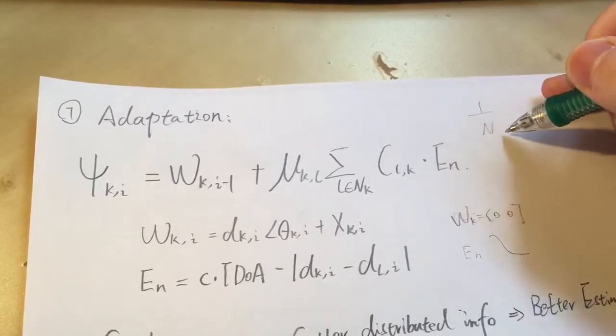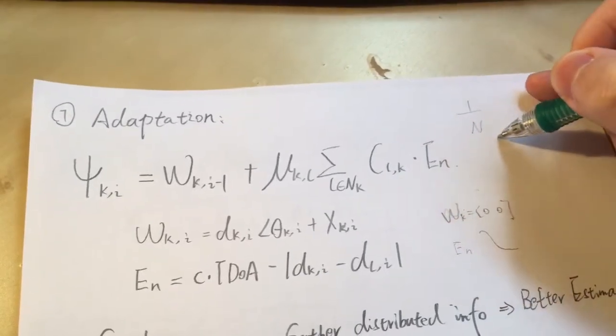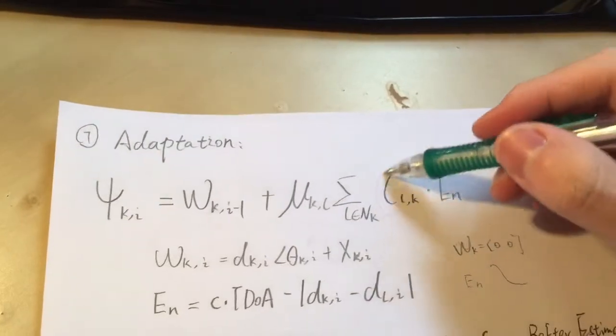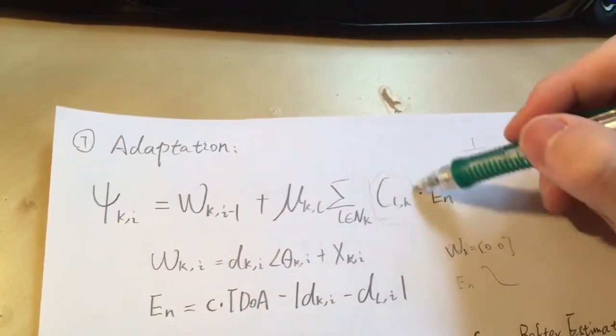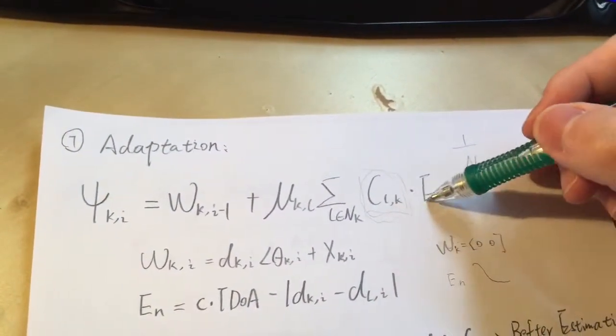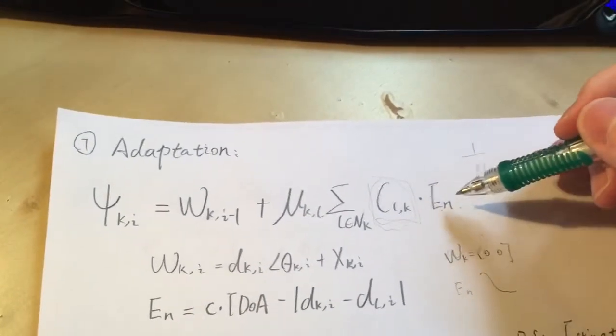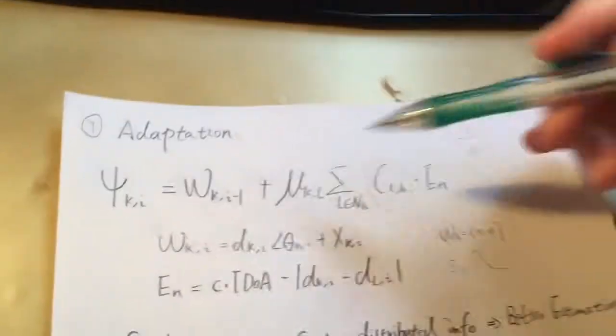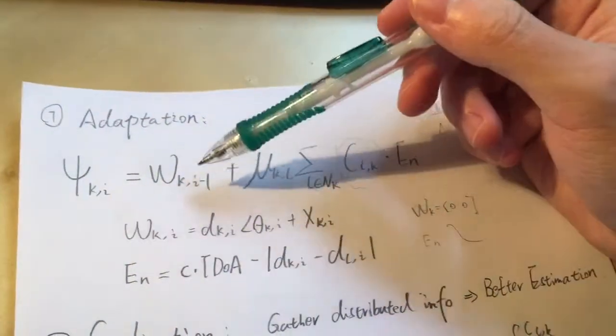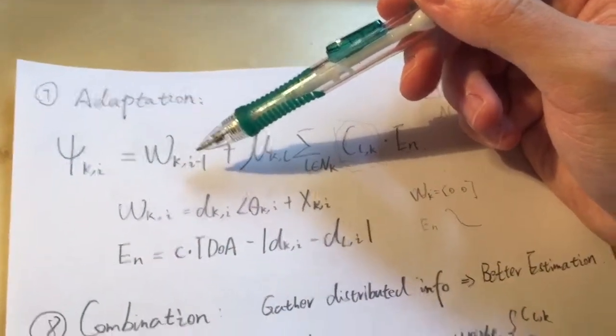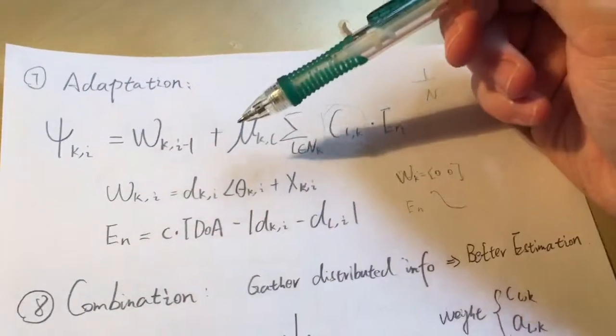So with n sensors, each sensor will have a weight, but the weight will get updated and multiplied by the errors. Every time it gets closer to the reference, thus our estimation will get better.